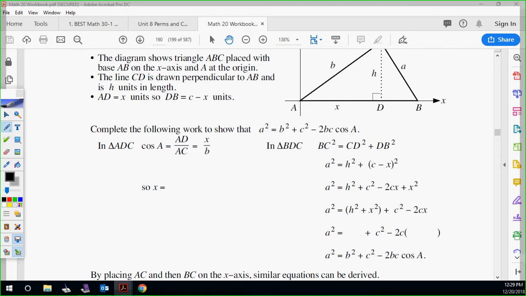So cos of A is adjacent over the hypotenuse, which is x over b in those letterings. And the b comes from, remember, angle B makes side B. Angle A, side A, etc. And so x equals b cosine A, again, just like we did in our last proof for sine A.